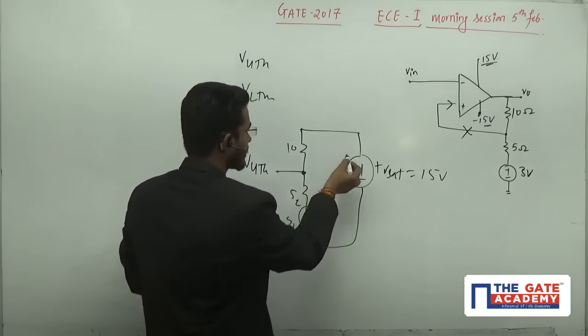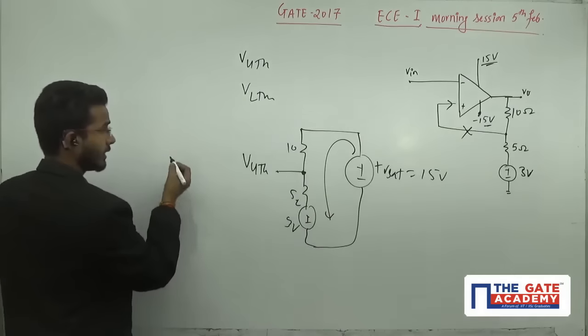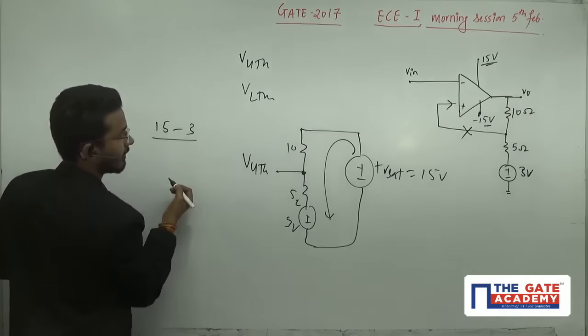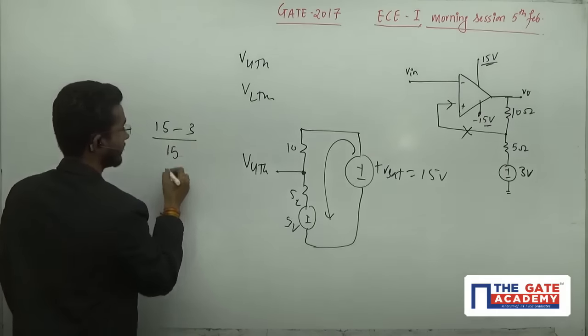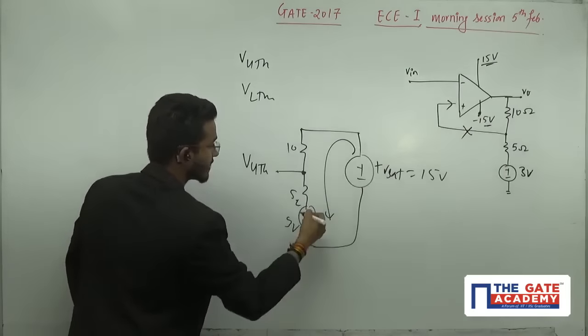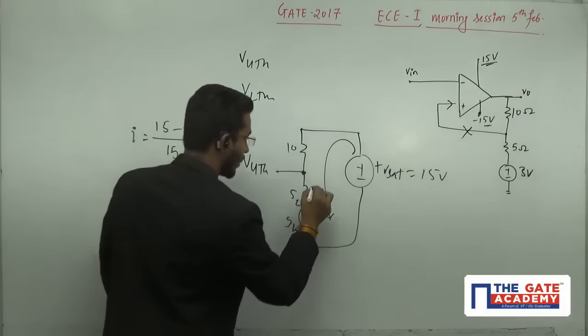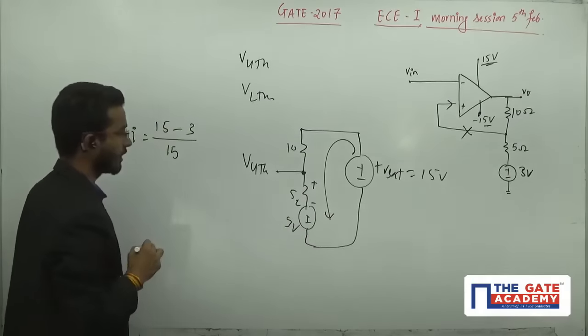Now the current will flow like this. That means 15 minus 3 divided by 15. This is the current in this loop, the voltage difference divided by the total resistance. I want to know the potential here.